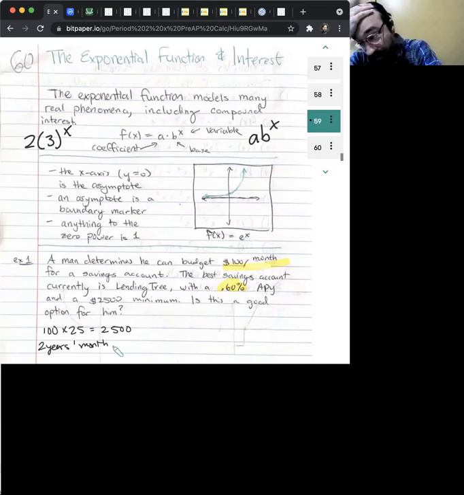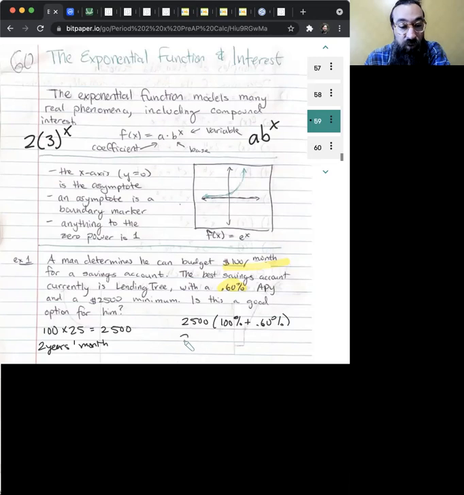And then when he does start earning interest, let's just say that he starts with 2,500 and he's earning 0.6%. So that's 100% plus 0.6%, which is 100 point.